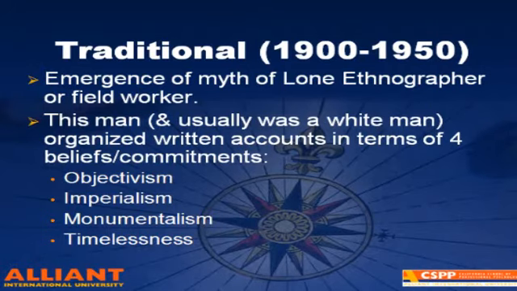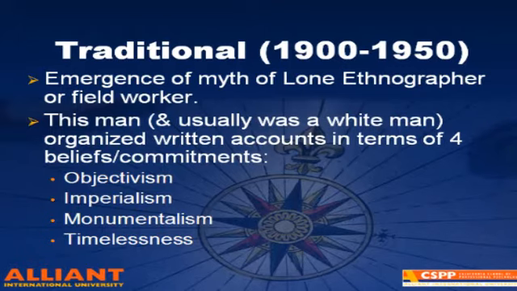Imperialism is believing that your culture is better than the culture you're studying, more sophisticated, more superior, more evolved. That would be a big one. And then monumentalism is that it was a kind of a big deal for you to be studying this, like a monumental occasion.